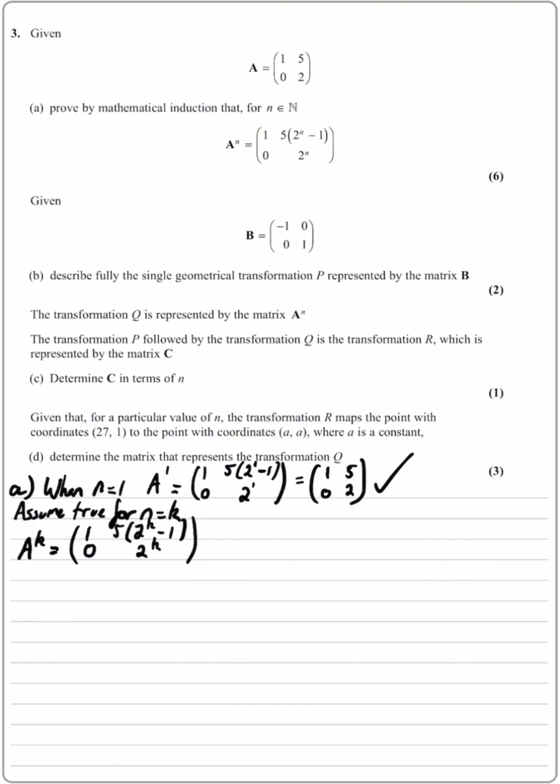And we're going to consider the case when n is equal to k plus 1. Well, A to the power of k plus 1 is going to be equal to A to the k times A. Now we've assumed that A to the k is 1, 5 lots of 2 to the k minus 1, 0, 2 to the k, so we'll take that and multiply it by 1, 5, 0, 2.